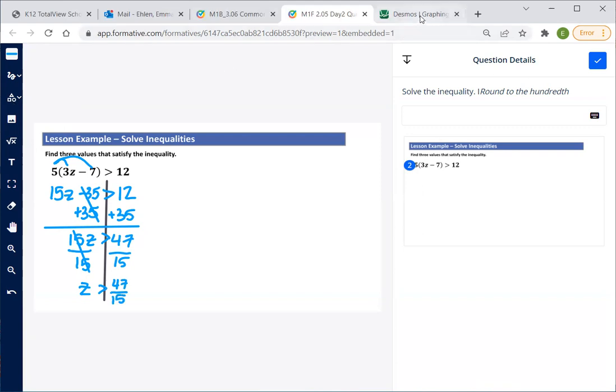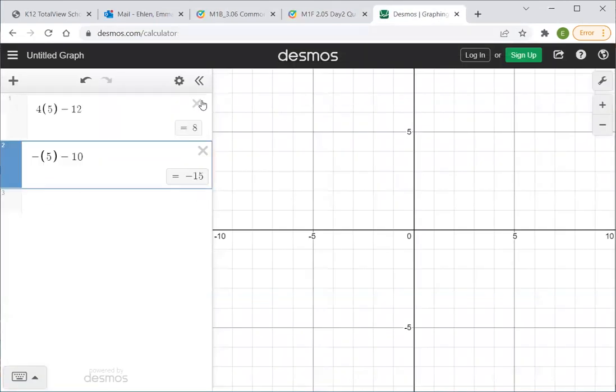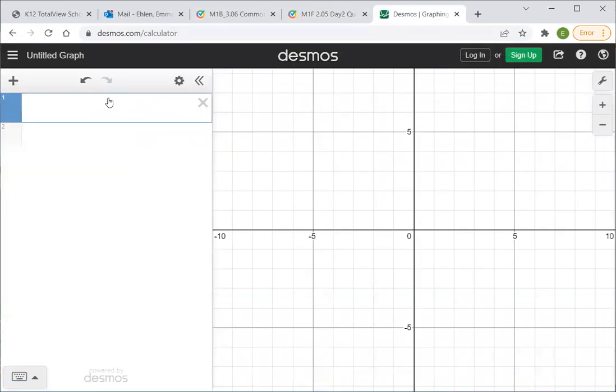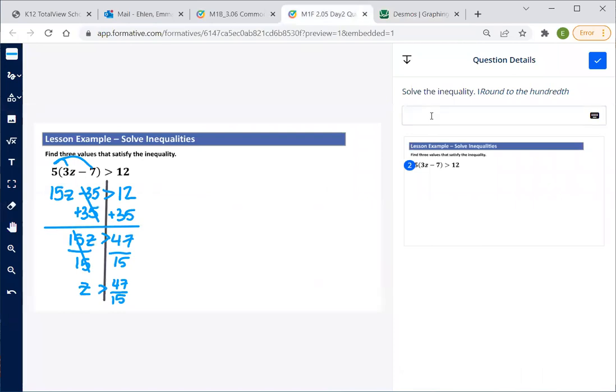It says to round to the hundredths. That means we want to put it as a decimal. So 47 over 15 is 3.133. So we want z is greater than 3.13, because hundredth means 2 decimals.